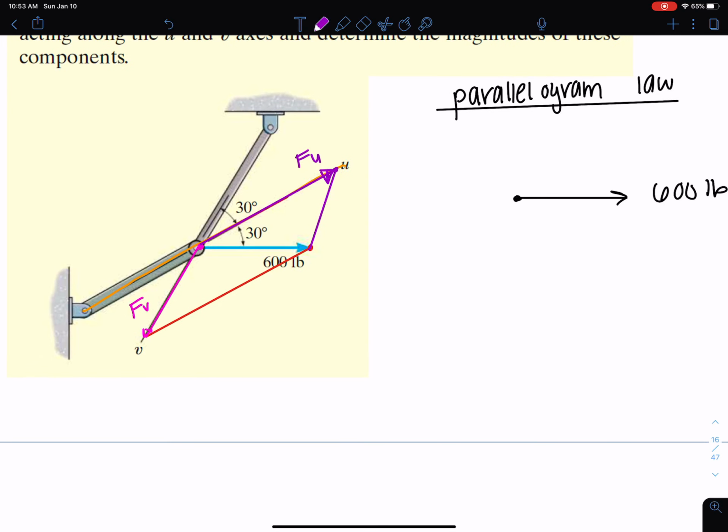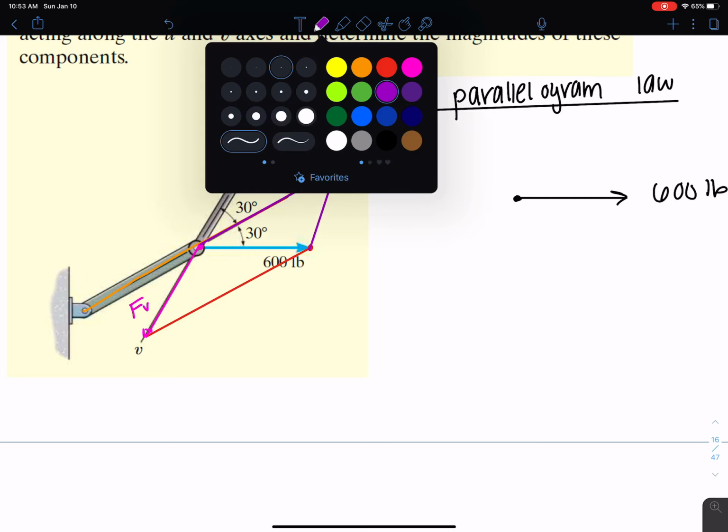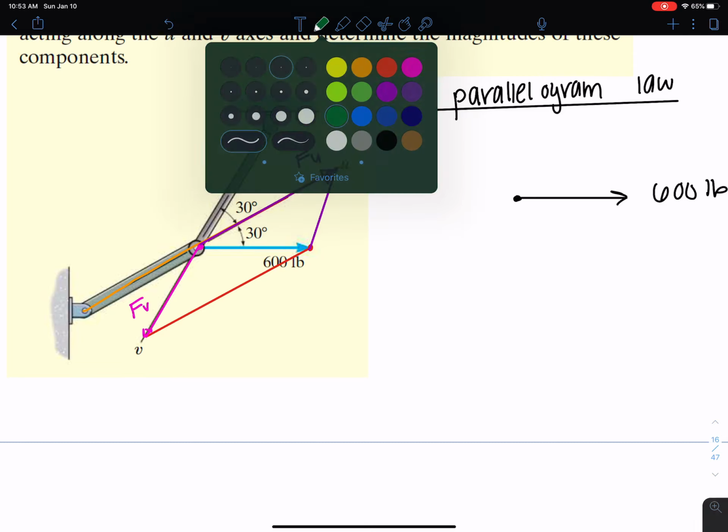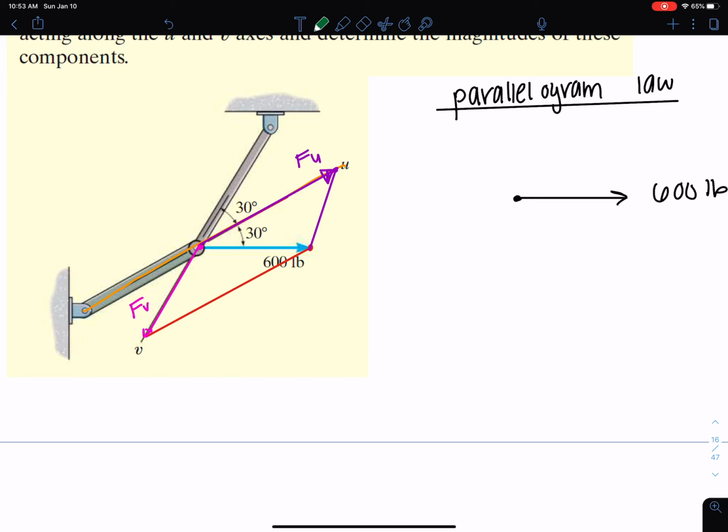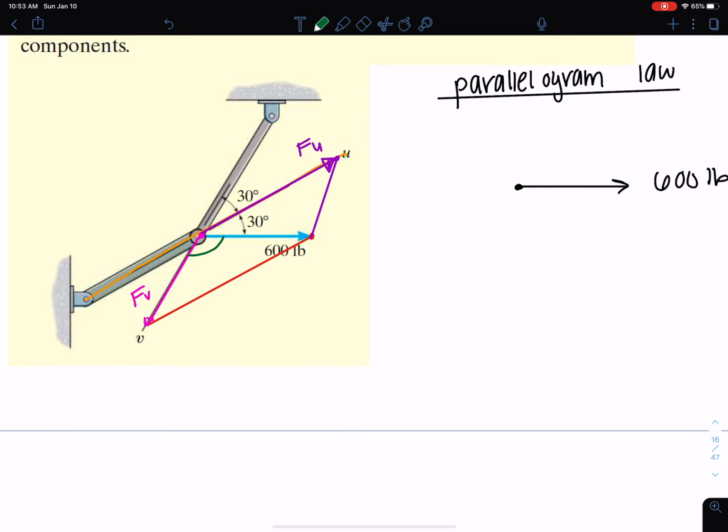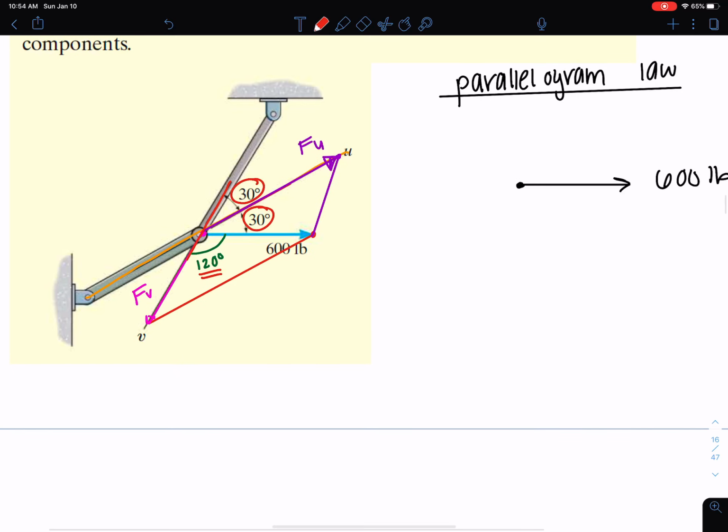I've constructed a parallelogram around that. I just want to do one more thing and figure out what this angle is so that I have everything I need to solve the problem. I know that the top angle is 30 degrees, and the remaining section is 120 degrees, because the 30 plus the 30 plus whatever this is has to equal 180, since it's all along this bar.